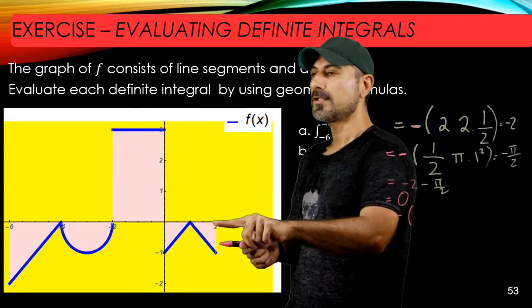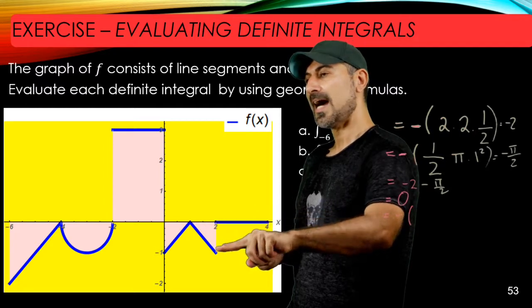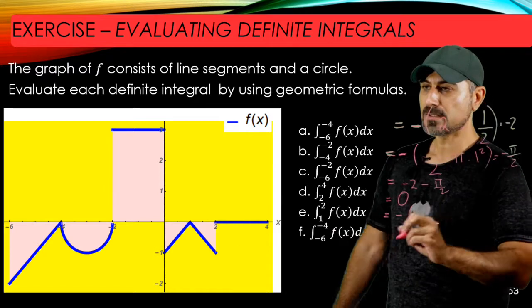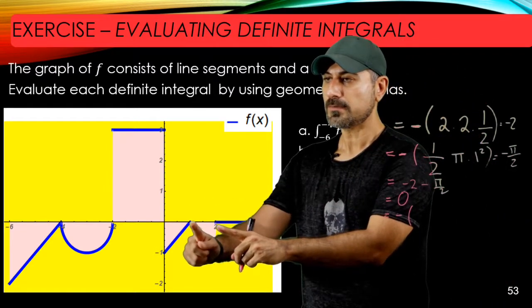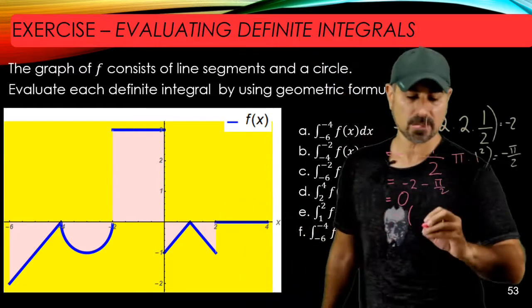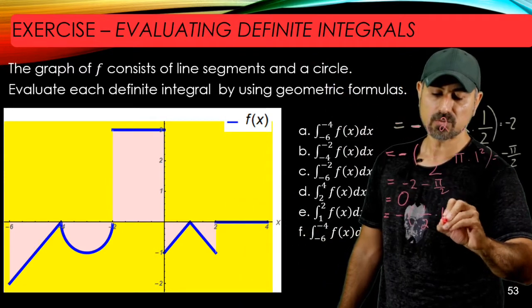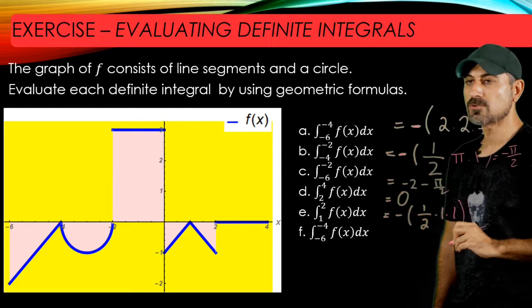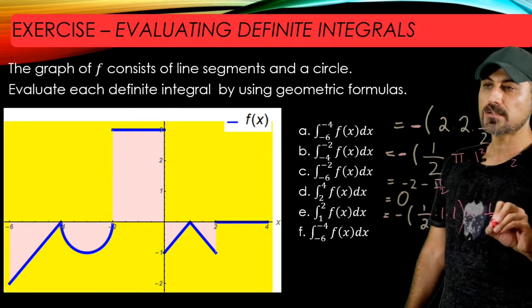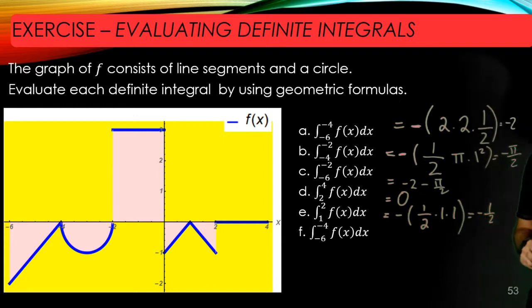The area of that is base times the height of the triangle divided by 2. The base is of length 1, and the height is of length 1. So 1/2 times 1 times 1 is the area of the triangle. But we take the negative of that, so the integral in part E is equal to negative 1/2.